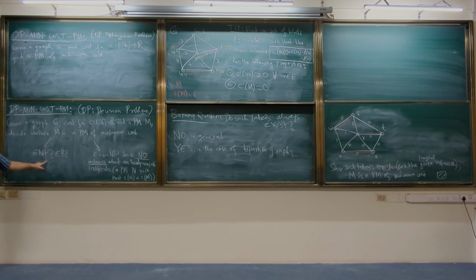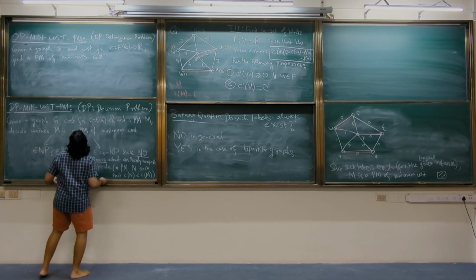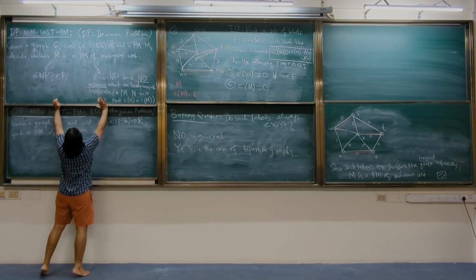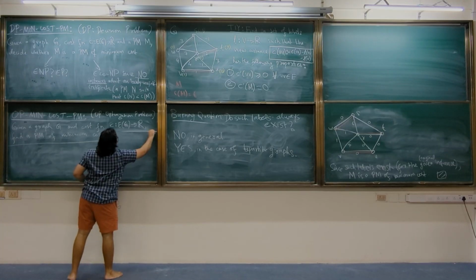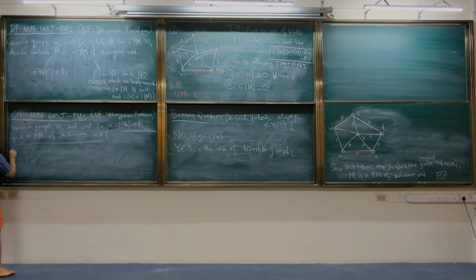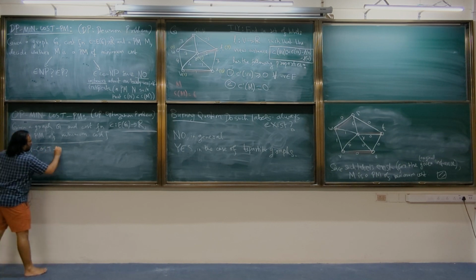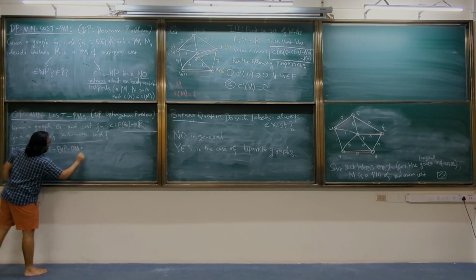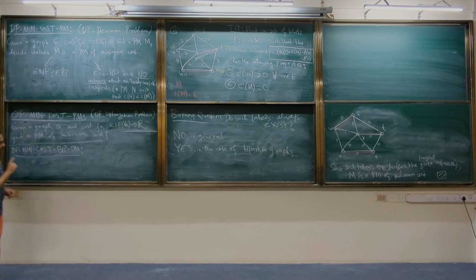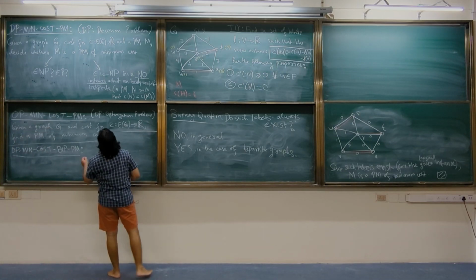Right? So if I promise you that the input graph is bipartite, let's just write it down. I call this problem bipartite perfect matching. I haven't defined bipartite, that's okay. I'll come to that.